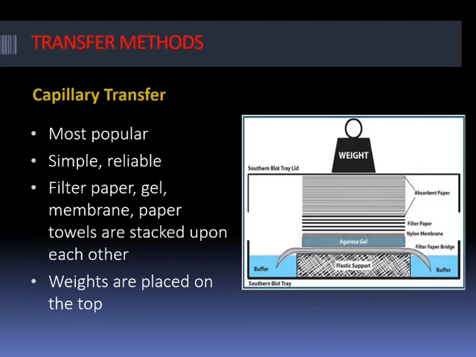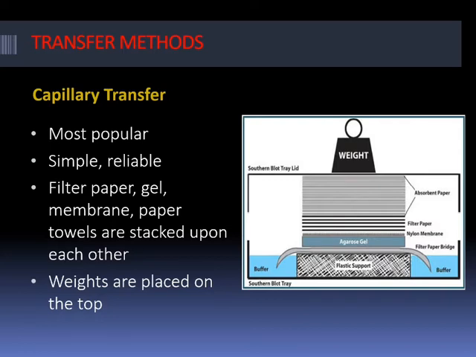So there is the support, filter paper, then the agarose gel, and immediately upon that the nylon membrane, because the separated DNA has to be transferred to the nylon membrane. Upon that, filter papers and absorbent papers are kept, and a weight is also kept. Why the weight?